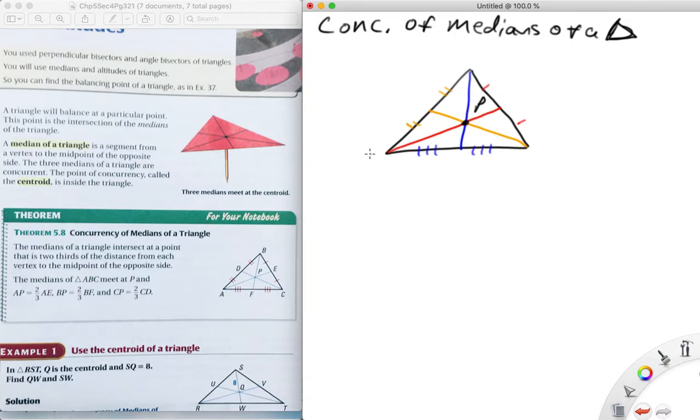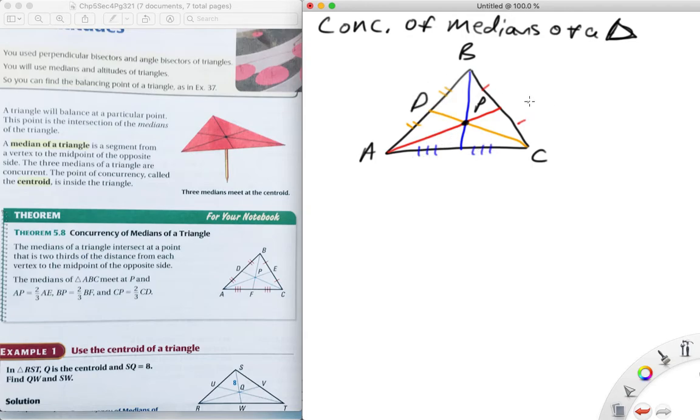The point at where they meet is 2/3. So here's the point of concurrency to the vertex. So the point of concurrency to the vertex, this distance is 2/3 the distance of the entire median. That is the concurrency of medians theorem.